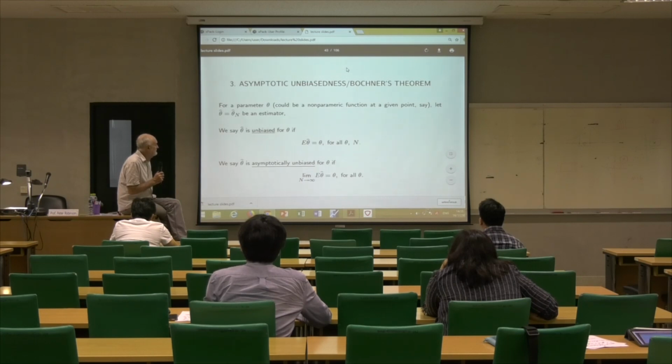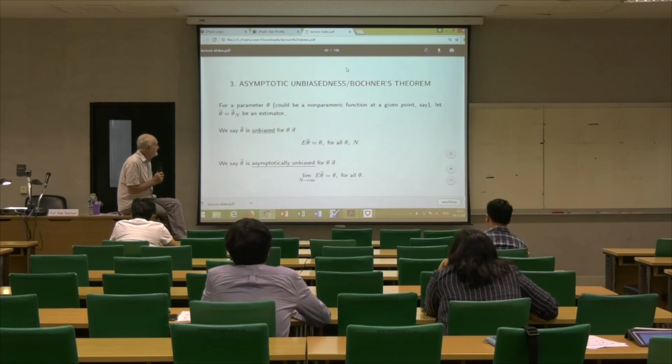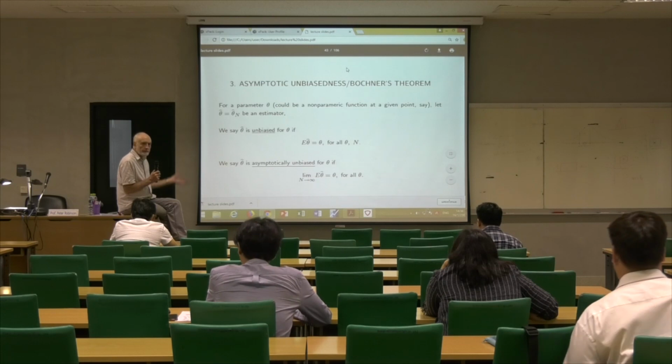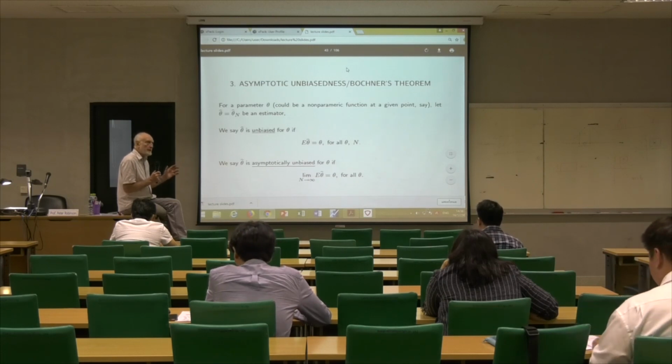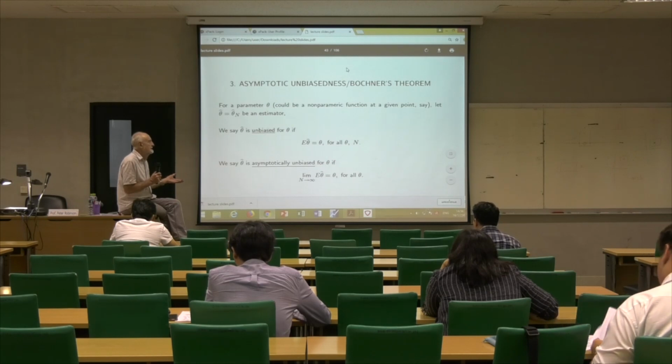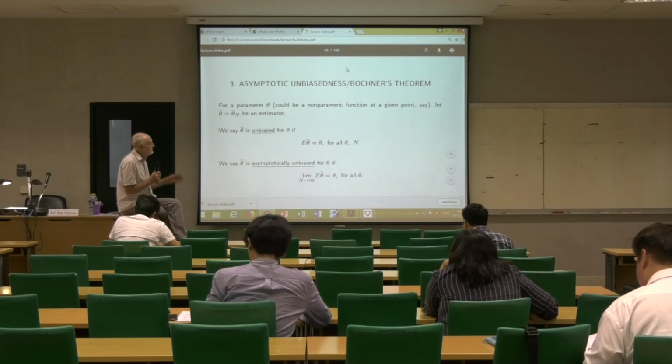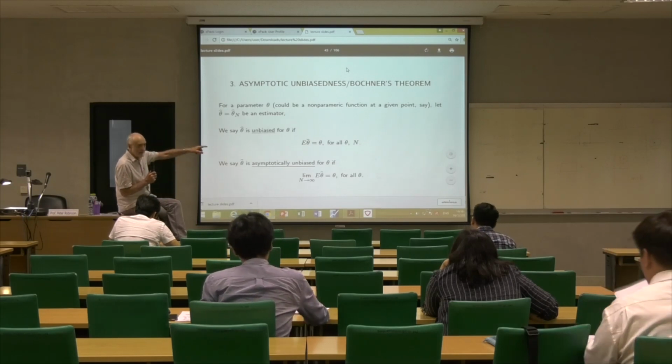Now, I mentioned unbiasedness already, so here's a definition: we have unbiasedness of theta hat for theta if the expectation of theta hat is theta, whatever the value of theta. In other words, you don't get unbiasedness if it just happens that the expectation is theta for a given value of theta. It has to hold for all values of theta. And for all n, okay?